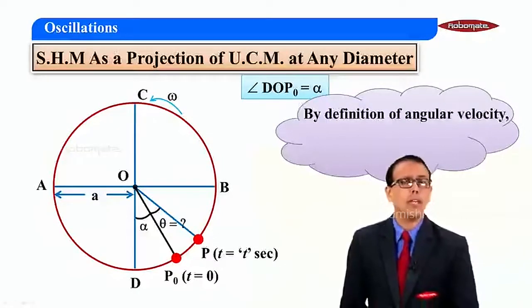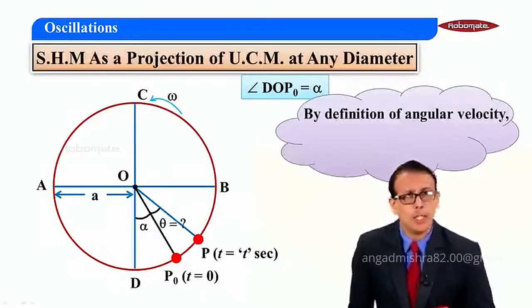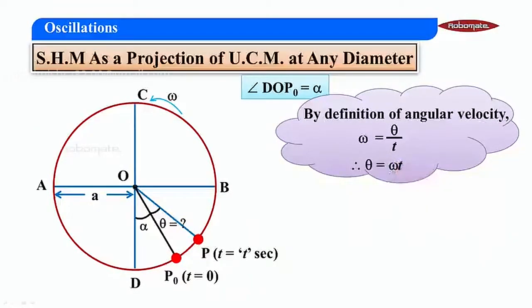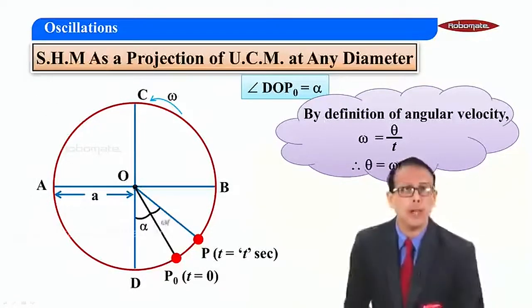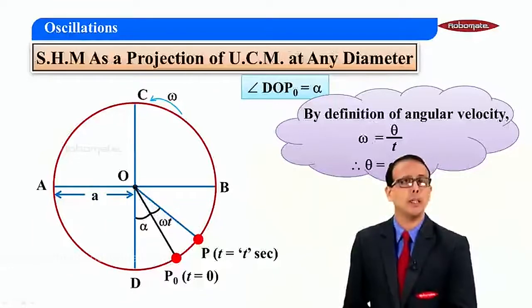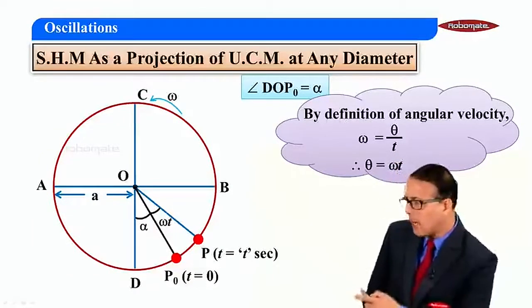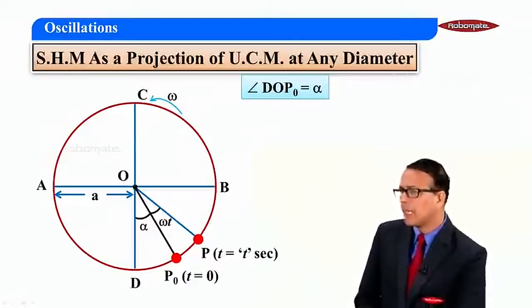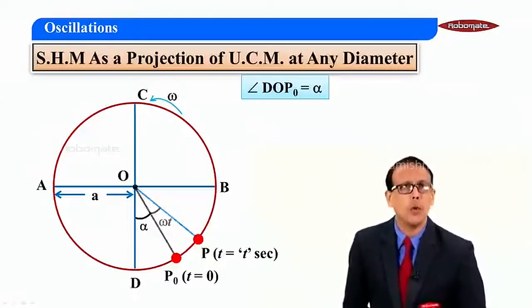Now, we know by the definition of angular velocity, omega is theta by t. Therefore, theta is equal to omega t. Let us substitute it here. So students, that angle P0OP is equal to omega t.